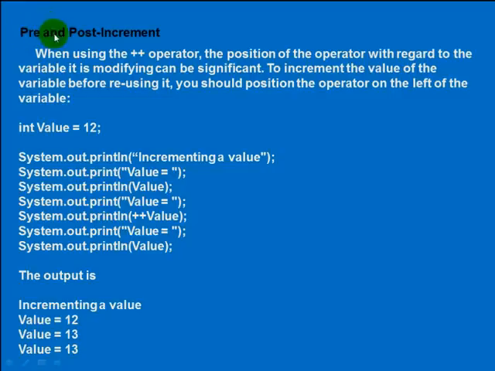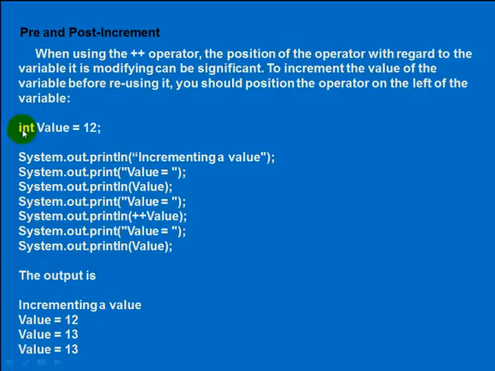Now we have pre and post increment. Pre means before, post means after. So when using the plus plus operator, the position of the operator with regard to the variable it is modifying can be significant. To increment the value of the variable before reusing it, you should position the operator on the left of the variable.